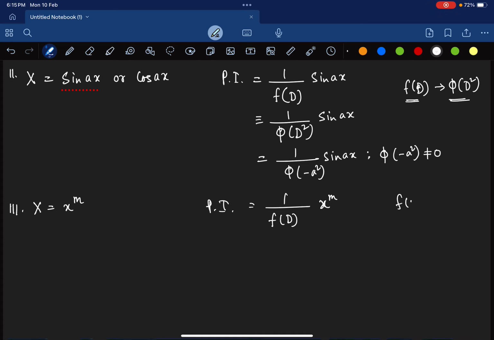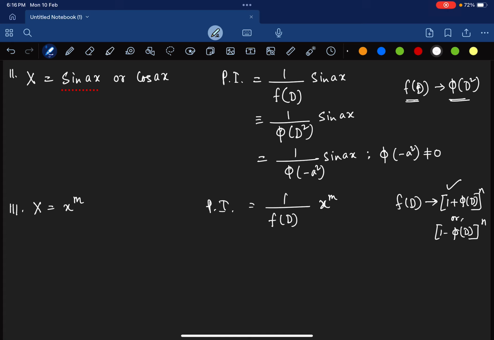You need to represent this f of d in terms of either 1 plus phi of d whole power n, or 1 minus phi of d whole power n. Either of these two forms.